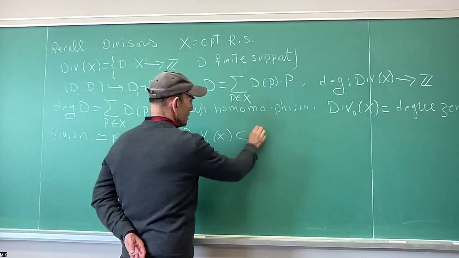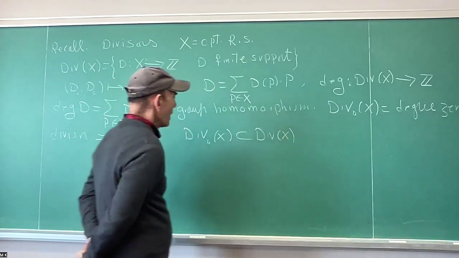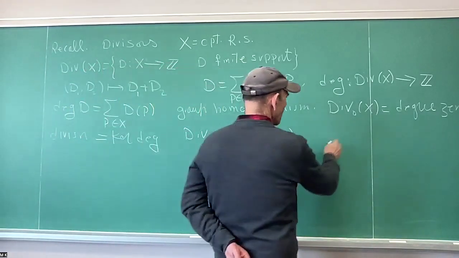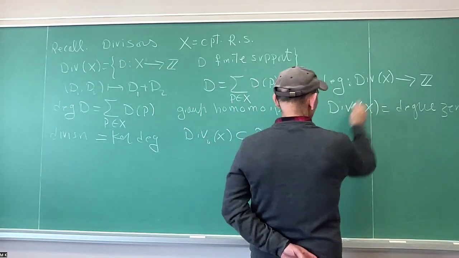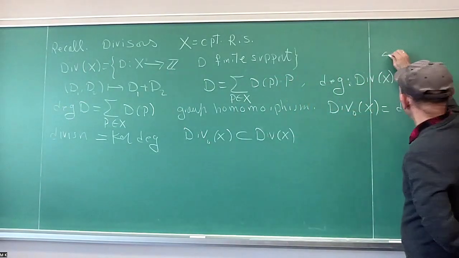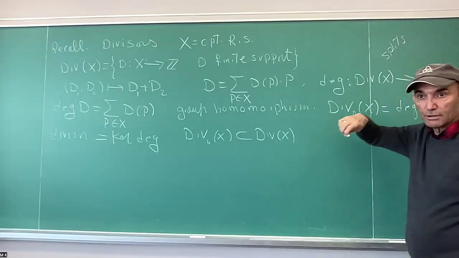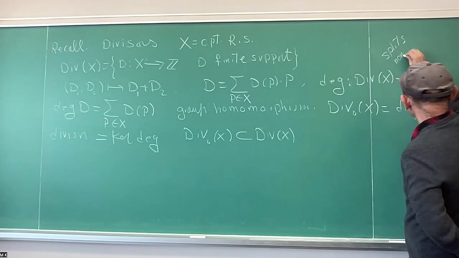It sits inside Div(X). And I said that actually this degree map splits, but not canonically. There's no canonical splitting, but it splits non-canonically.